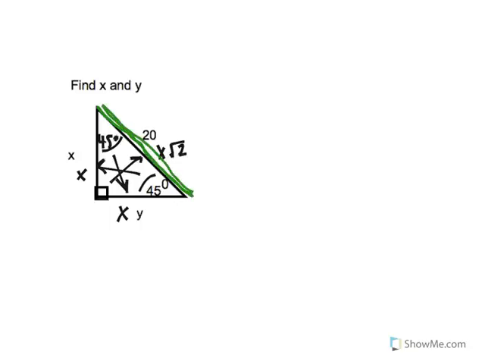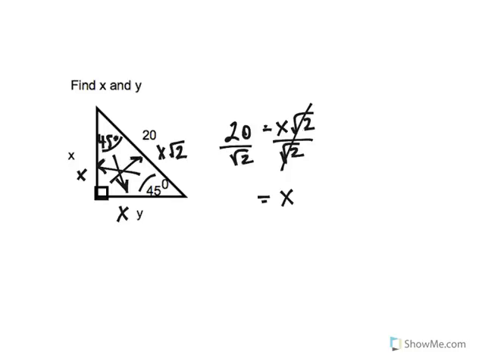So there's two different ways to solve these types of problems. When we are given the hypotenuse and not x, we need to set up an equation in order to solve for x. We divide both sides by the square root of 2, and we get x equals 20 over the square root of 2.